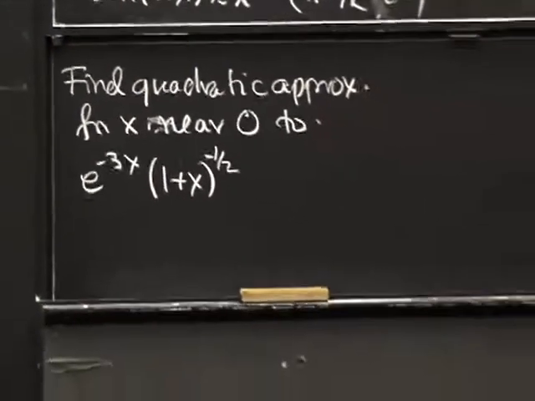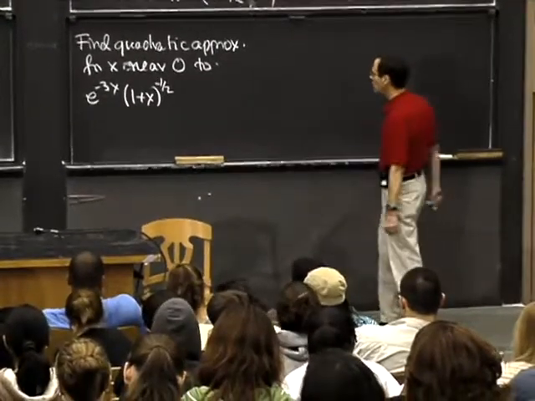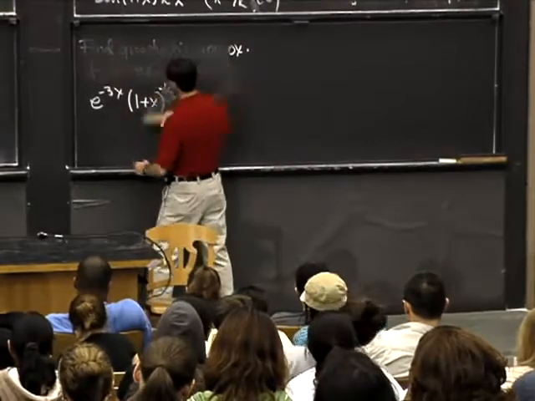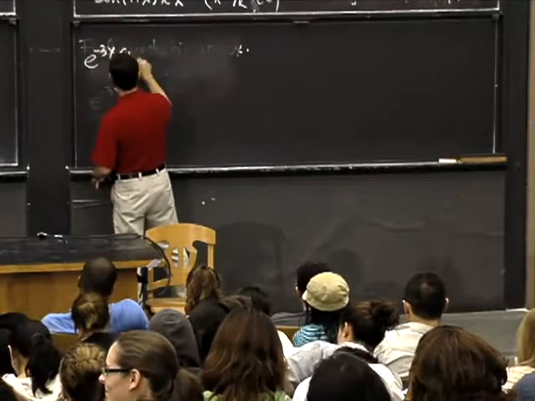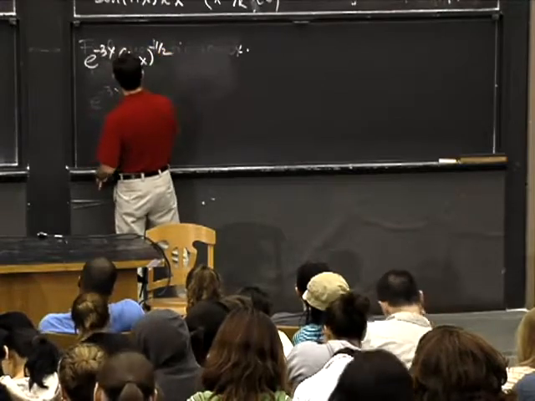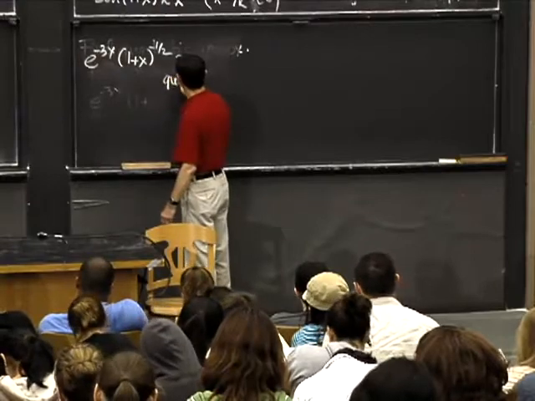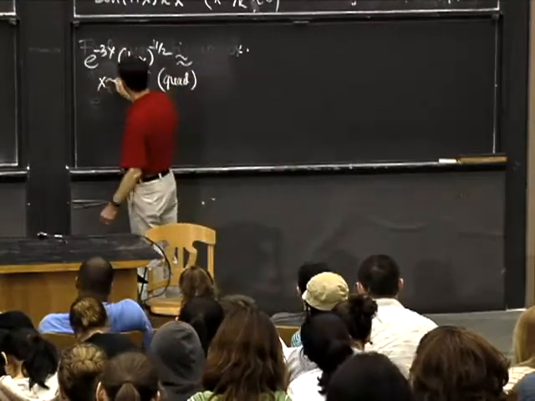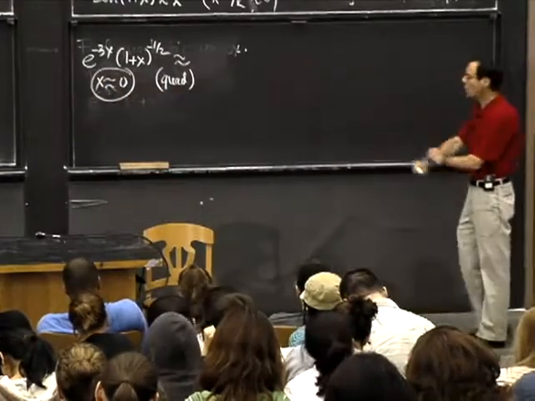Unfortunately, I stuck it in the wrong place to be able to fit this very long formula here, so I'm going to switch it. I'm just going to write it here, and we're going to just do the approximation. We're going to say quadratic in parentheses, and we'll say x near 0. So that's what I want.